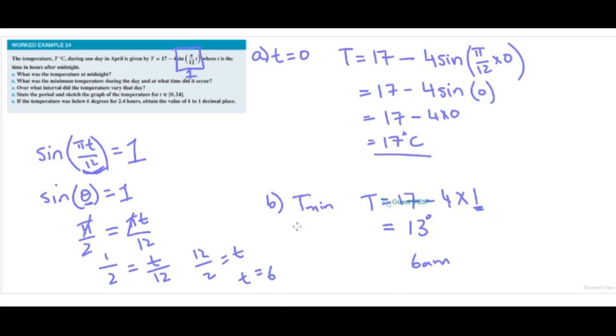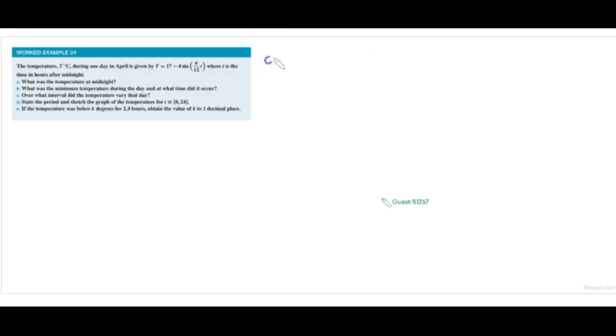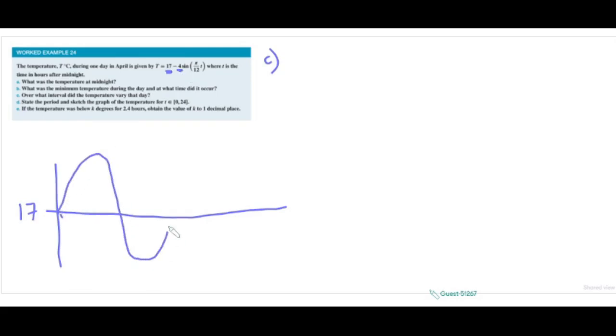Oh, yeah. So for C, think about it. If we graph this, 17 is our middle equilibrium point. And our range is 4. We're going 4 up and down from here. So it's 21 and 13.